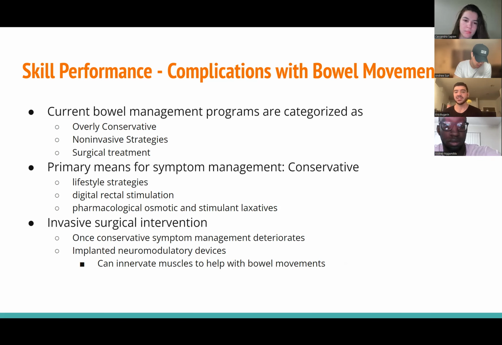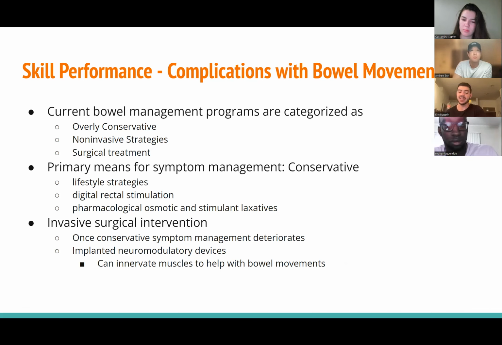For invasive surgical interventions, we're going to see implanted neuromodulator devices, right? So these devices can innervate muscles to help with bowel movements. Some advantages that we'll see are going to be the reduced transit time for rectosigmoid and increased frequency of defecation.